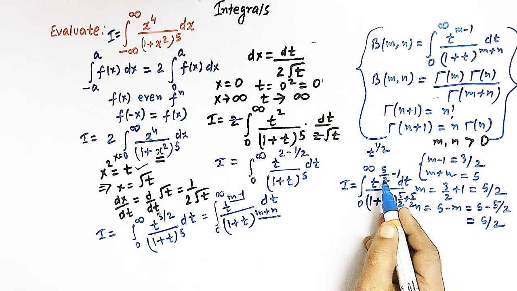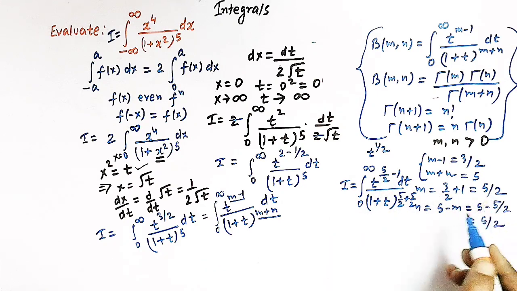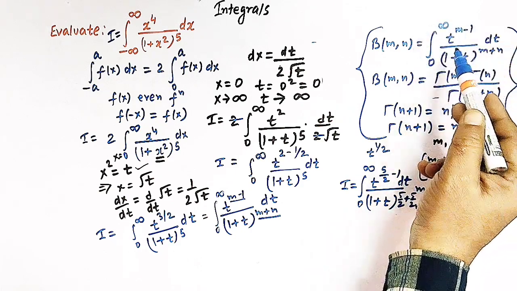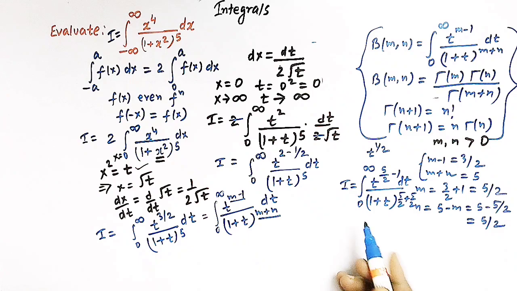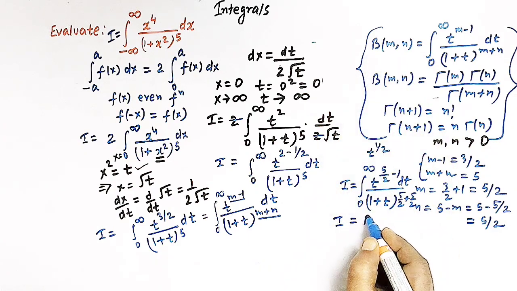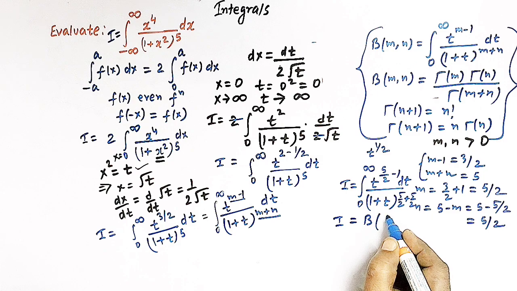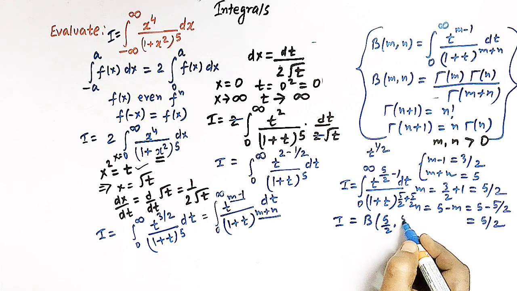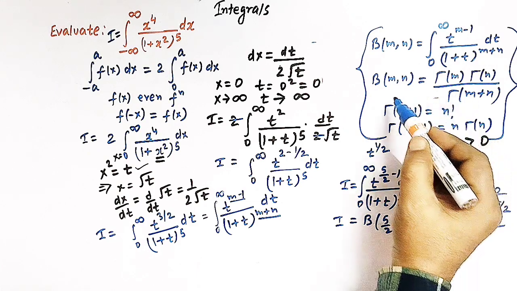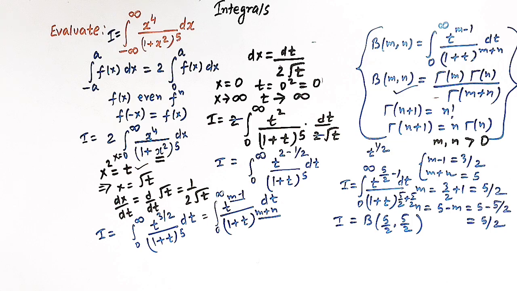So now the value of m is 5 by 2, and n is equal to 5 by 2, and by the definition of beta function, we have this integral I is equal to beta function, that is beta 5 by 2 comma 5 by 2. So let us find out the value of this beta function by using this result.